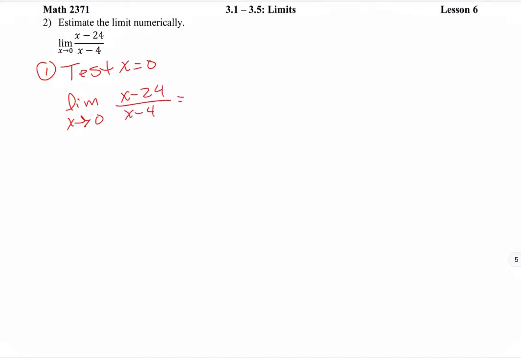So the first thing you're going to do is put 0 minus 24 over 0 minus 4. So that's negative 24 over negative 4, so that answer is 6. And you're done. That's what your answer is.